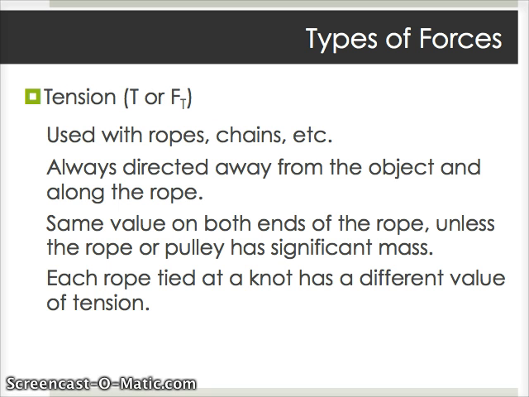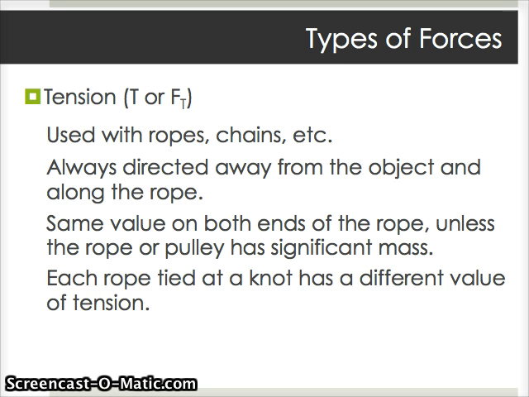All right. The fourth type of force that we will encounter is tension, which has to do with ropes, chains, maybe even someone's arm pulling on something. You can use a capital T or F sub T to represent that tension force. The key things to know about tension forces is that they always are directed away from the object and right along with the rope, parallel to the rope.